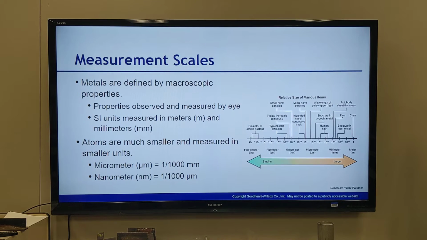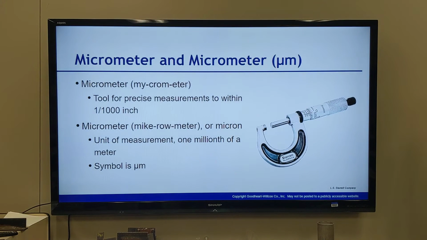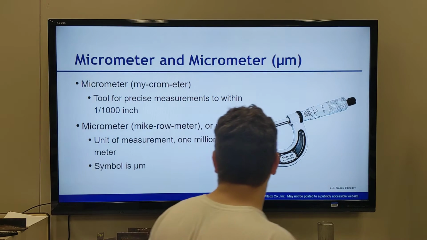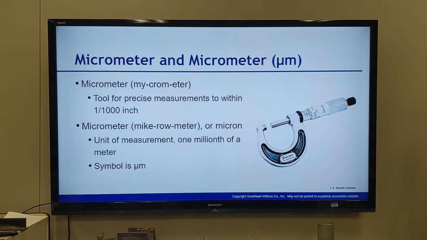For those who've taken your tool class, you have a micrometer and a micrometer. Now, a micrometer is a tool for precise measurement within 1/1000th of an inch. And a micrometer, or micron, is a unit of measurement 1/millionth of a meter.